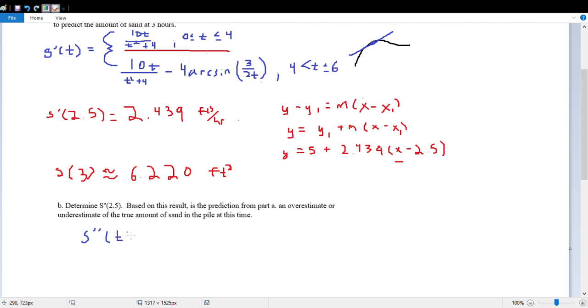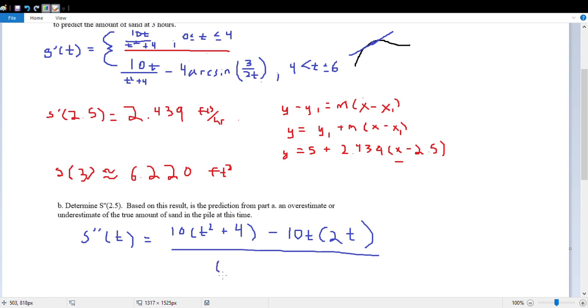So as long as we're in the range of 0 to 4, we can just take the derivative of this equation here, which is 10 times t squared plus 4, minus 10t times the derivative of the bottom, which would be 2t, all over the bottom squared.